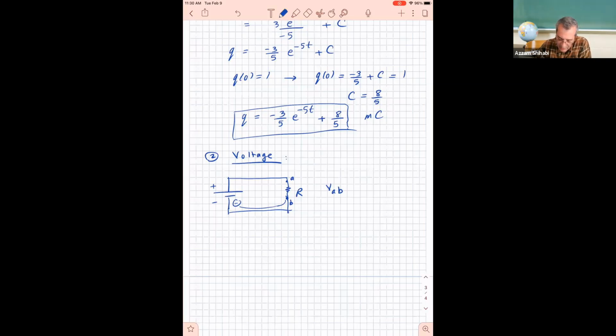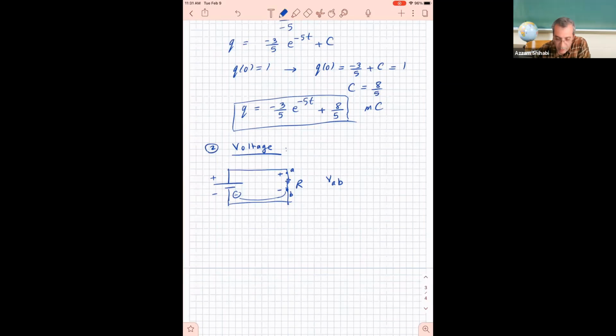And VAB has a polarity. Each voltage across an element has a polarity. So positive, negative, right? The electrons will flow. They need energy to move through that element. There is a voltage that is going to develop across that element. We label it VAB, and that voltage has a polarity.